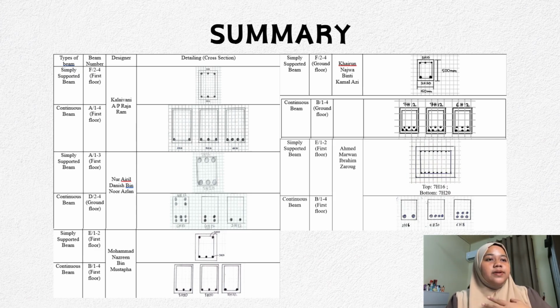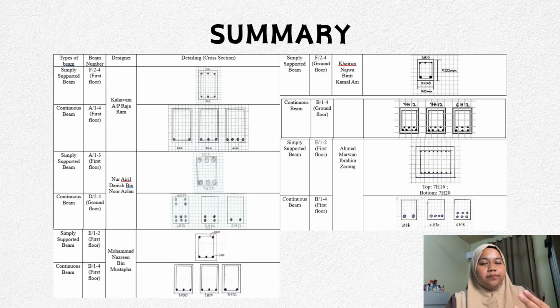Next we move on to the next designer, Muhammad Nazrin bin Mustafa. The simply supported beam that he designed is for E1 until 2, the first floor beam. The top reinforcement of the beam is 2H10, and the bottom reinforcement is 3H12.